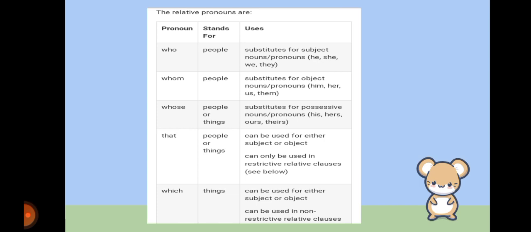The pronoun whose stands for people or things, used for possessive nouns or pronouns: his, her, or theirs.